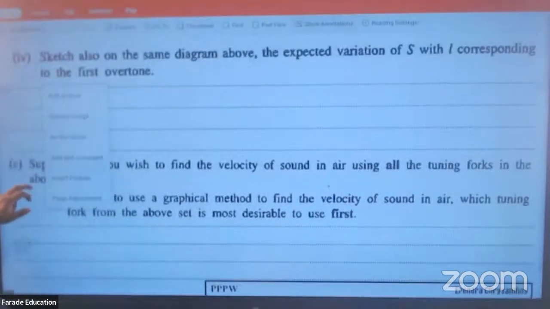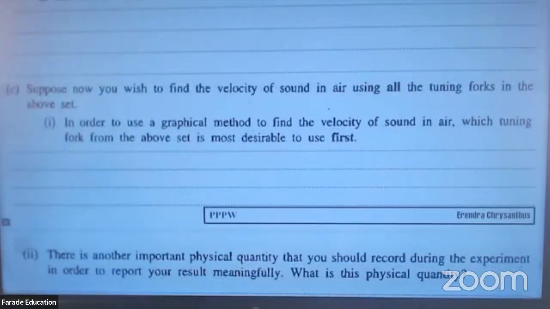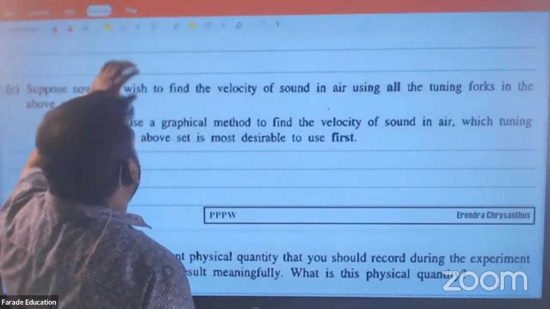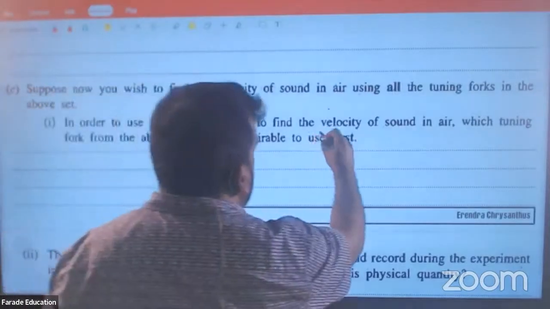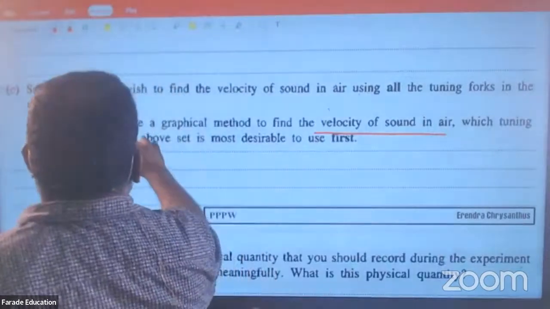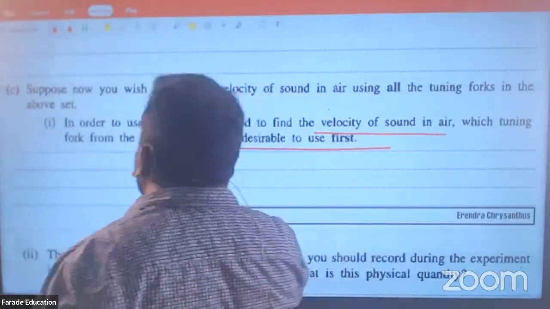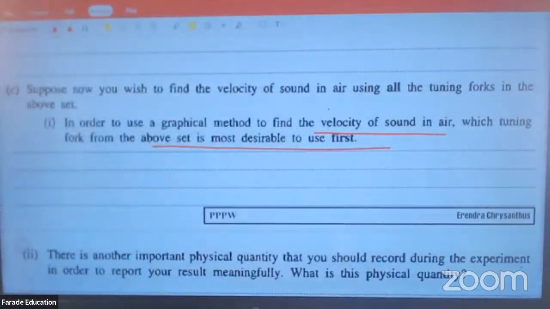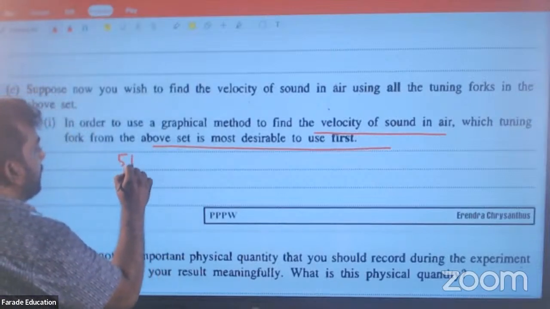Suppose now you wish to find the velocity of sound in air using all the tuning forks in the above set. In order to use the graphical method to find the velocity of sound in air, which tuning fork from the above set is most desirable to use first? Which one are you going to use first? Normally we will use the tuning fork having the highest frequency.